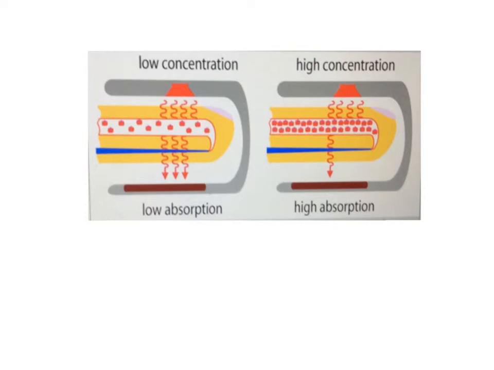So the both fingers have the same diameter, but if the blood vessel is different, the amount of light absorbed will also be different.